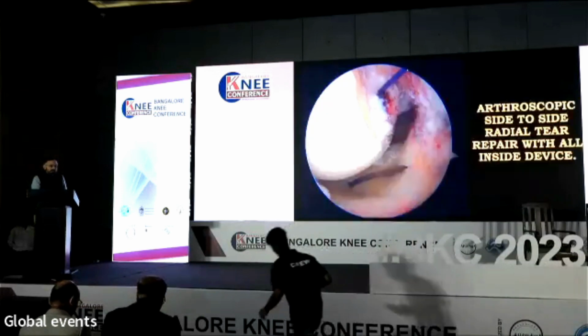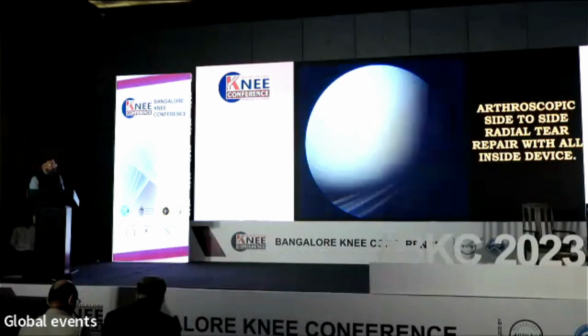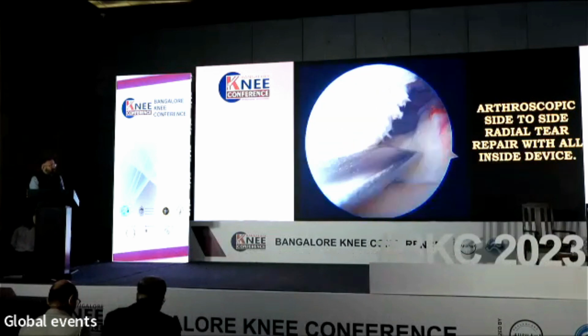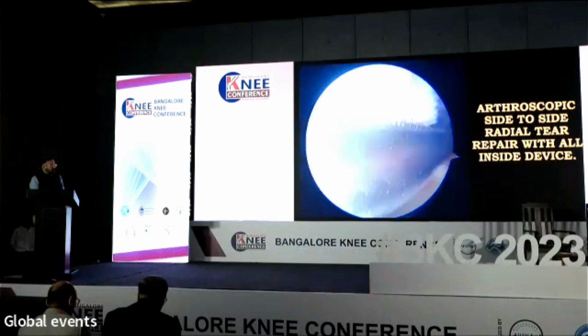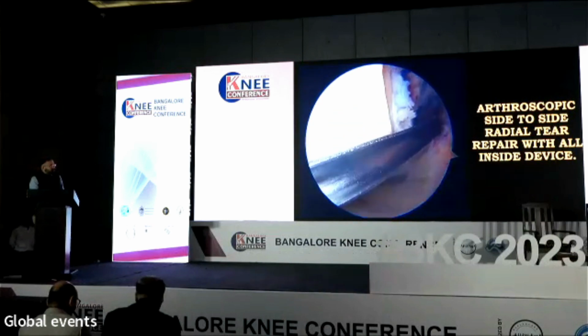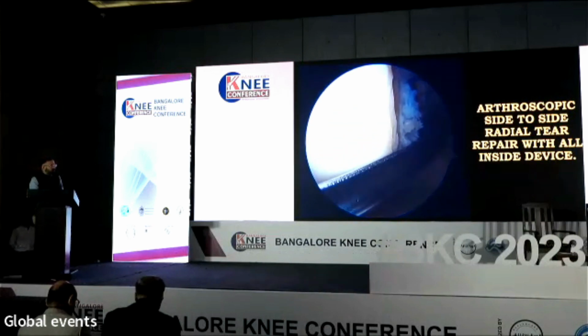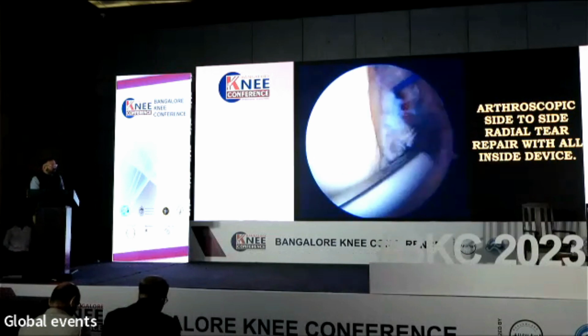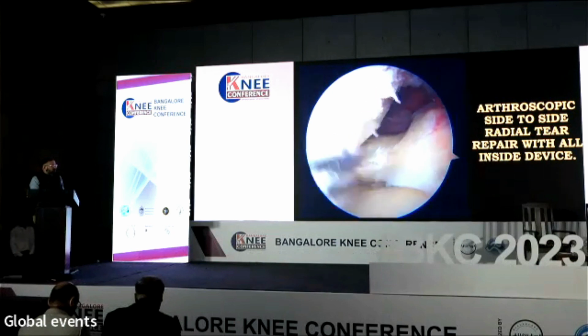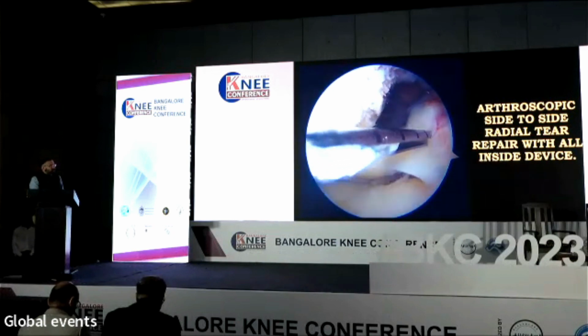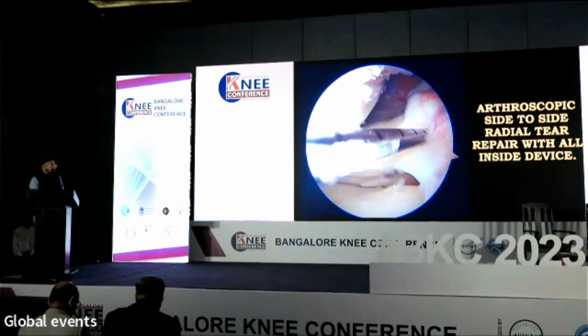In my setup, I usually do the ACL tunnels first and then go on to do these repairs, to avoid manhandling the knee joint during your tunnels. So I'm preferring here to do an all inside repair technique. Near the body and the posterior horn junction, near the root junction, having a good bite into the meniscus is very important.